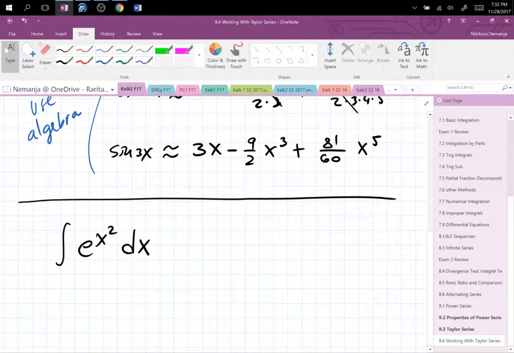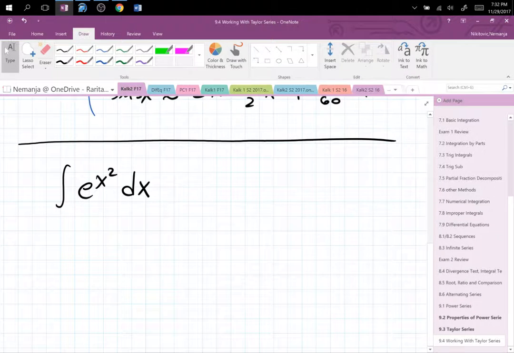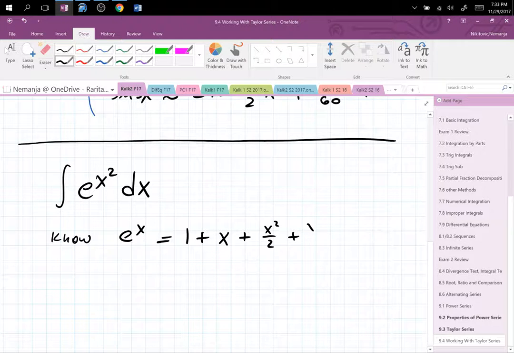So what should you do? Well, what I know is that e to the x is given as 1 plus x plus x squared over 2 plus x cubed over 6. Not equal, approximated, because I'm using 4 terms.